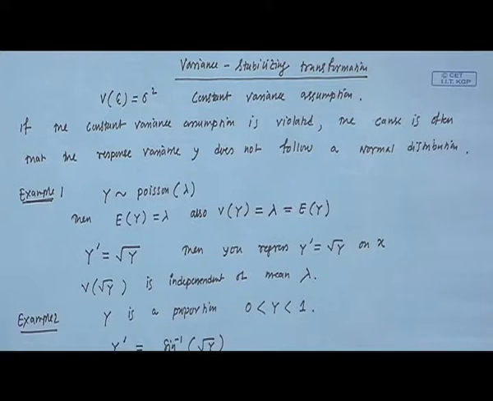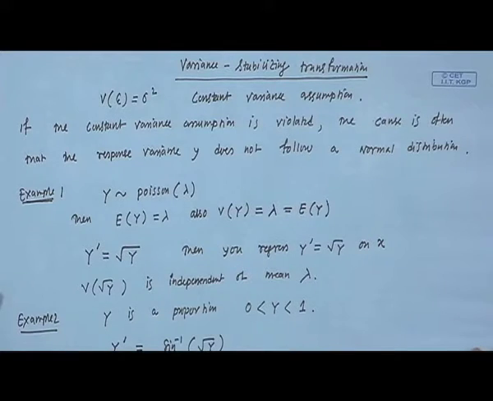Well, so if you see that the constant variance assumption is violated, then most likely the response variable is not from the normal distribution. It follows some other distribution where the variance is a function of mean, and we have observed in case of Poisson distribution, if the response variable y follows Poisson distribution, then the transformation we took is y prime equal to square root of y to make the variance constant.